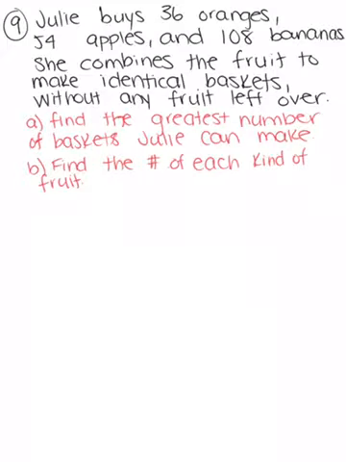Since A says find the greatest number of baskets she can make, I'm thinking it has to do with the greatest common factor, because if they all have the same factor, then the fruit can be split evenly into those baskets. So let's see if my thought process works out.